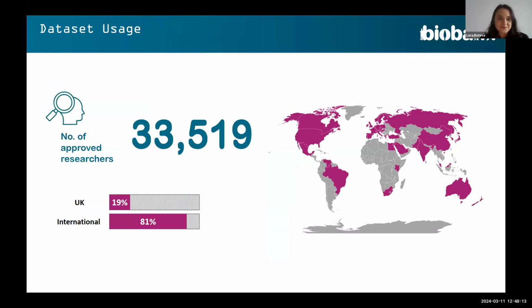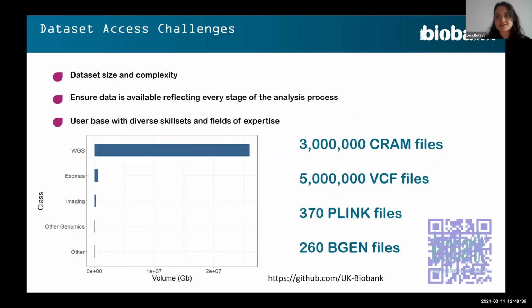In terms of usage, we've got more than 30,000 registered researchers across both the UK, but also the rest of the world. And obviously, with such a large sample of researchers, this spans researchers at multiple levels of their career, multiple fields of expertise, and also multiple levels of resources in terms of computational resources and things like that.